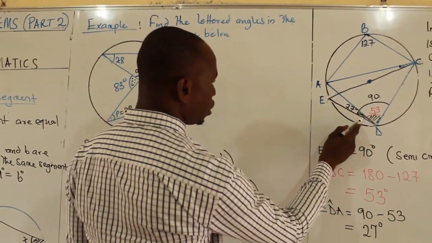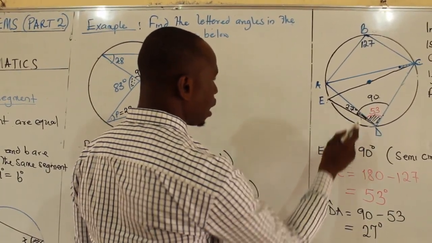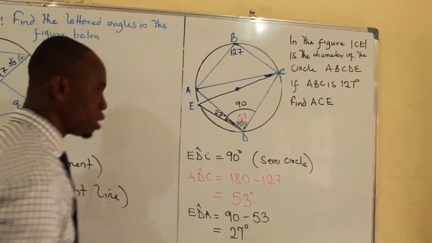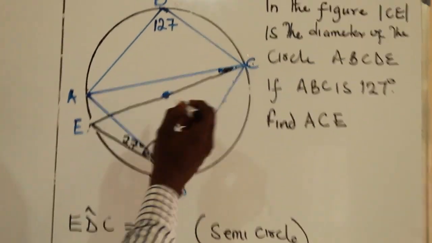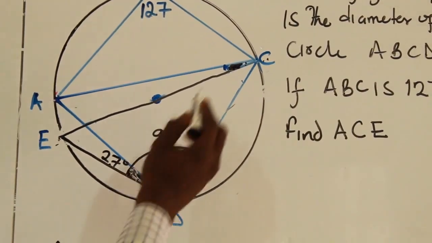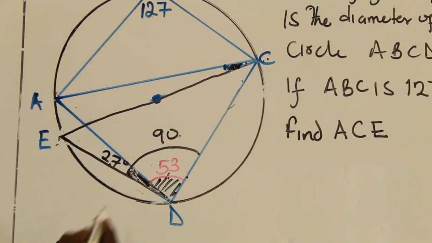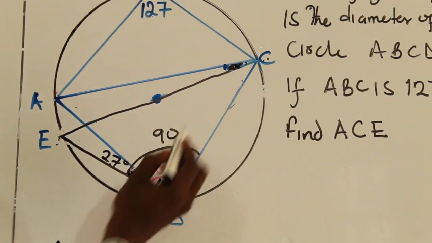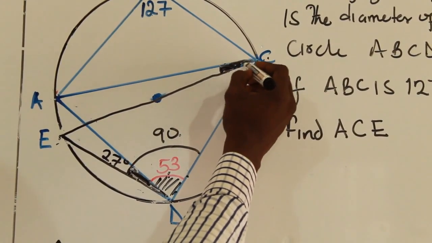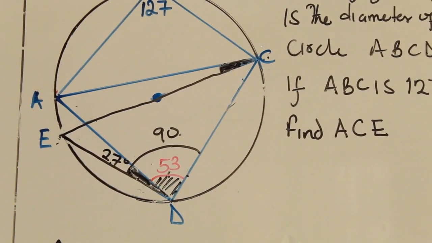So now that we know this part as 27, how will it relate to this part that we're looking for? Remember, this question says we should find this angle here. If you notice, this painted part and this part that we were asked to find are in the same segment.